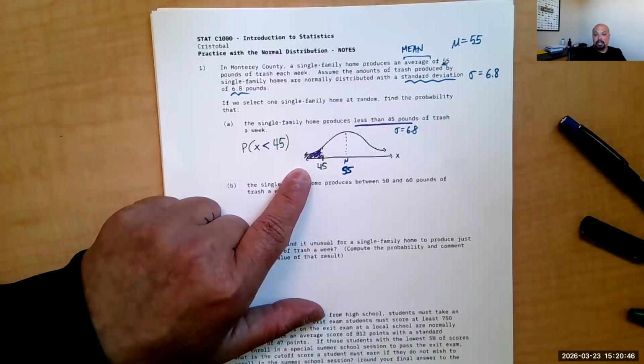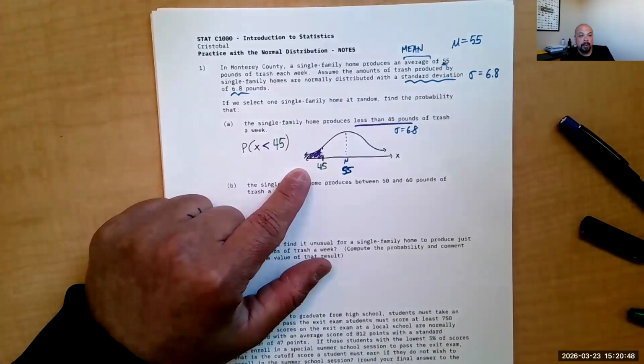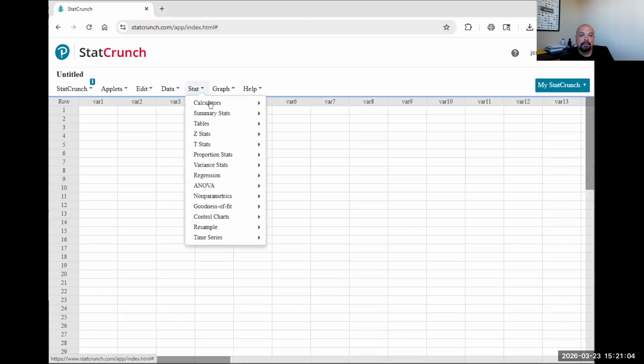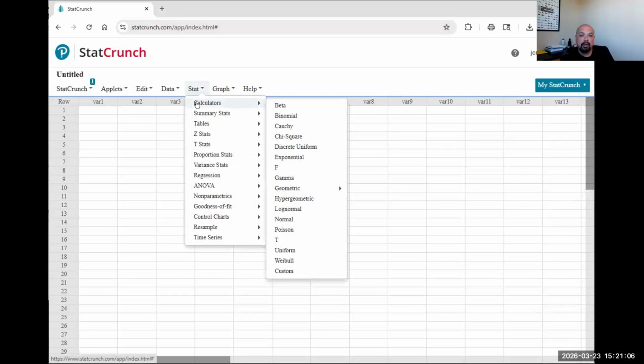So on our StatCrunch calculations, let me switch this over. I'm going to share that StatCrunch. In StatCrunch, we're going to go to Stat, then Calculators, and now we're going down to Normal Calculator here.